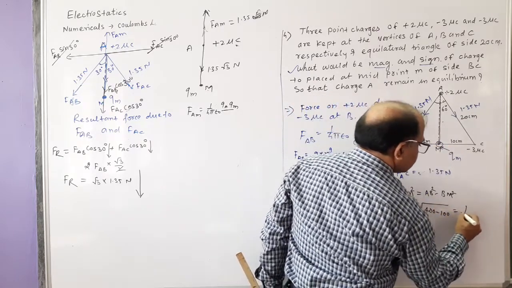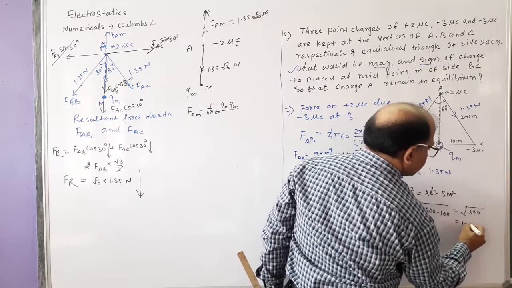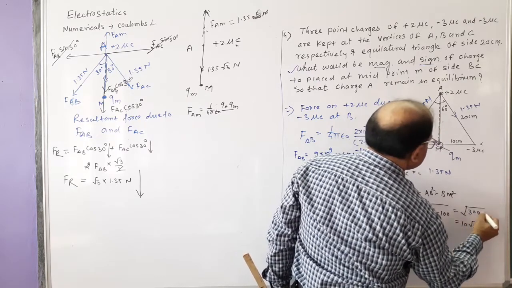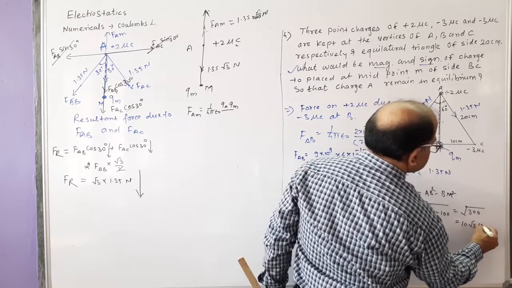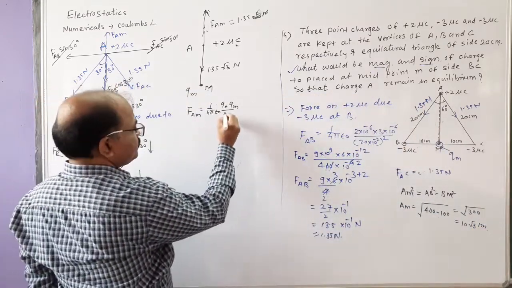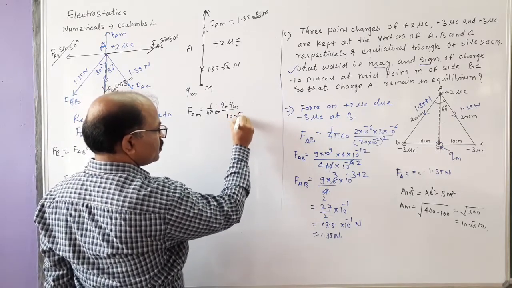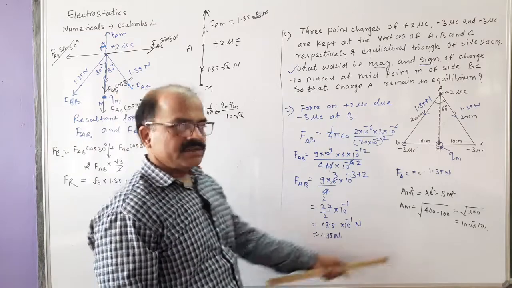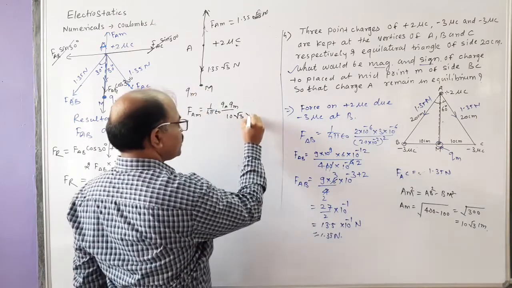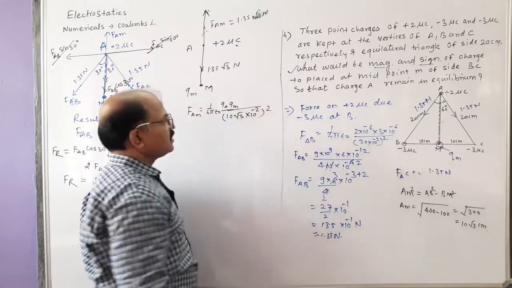So this becomes under root 300. So this we can write 10 into √3 in centimeter. We can make this into 10 raised to minus 2, इसका square, so it becomes in meter.